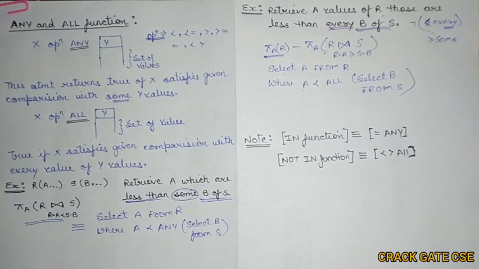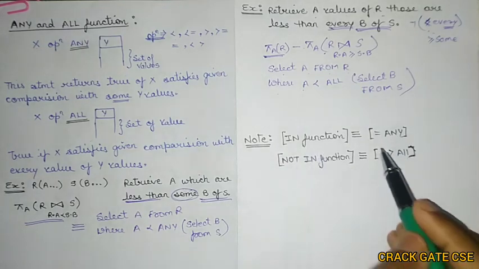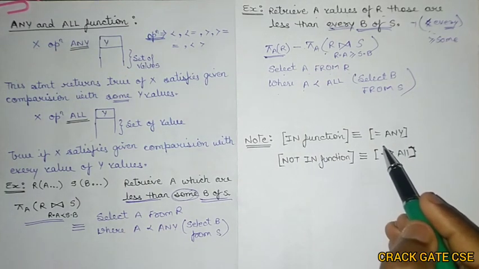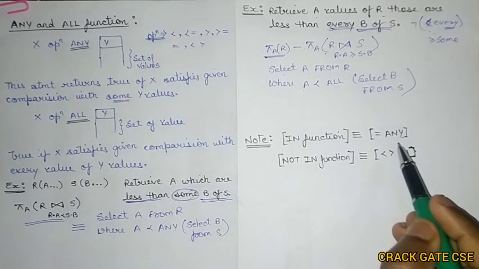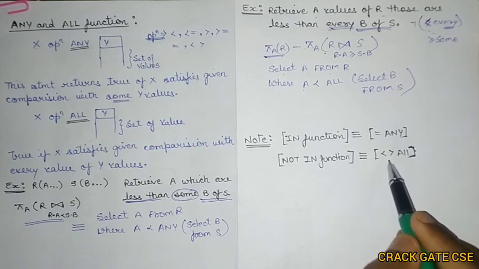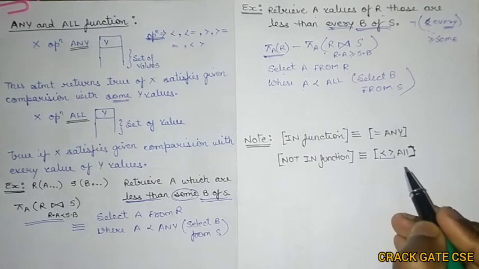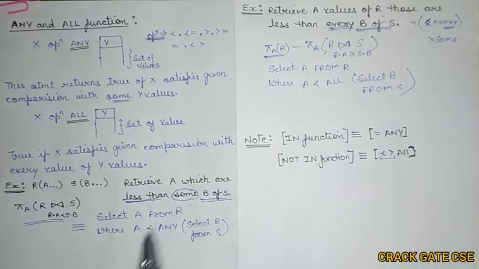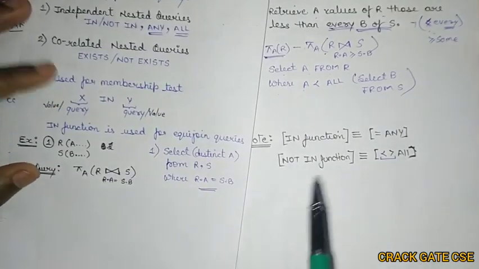Now there is one important thing: this IN function can be replaced by the equal to ANY function. So IN is equivalent to equal to ANY, and NOT IN is equivalent to not equal to ALL. This is the symbol used for not equal to all. Let's try this one.